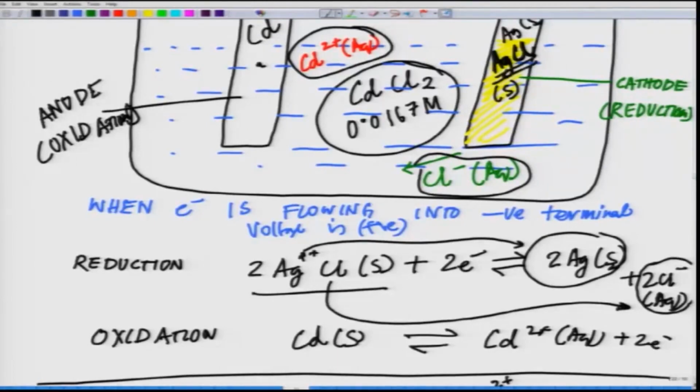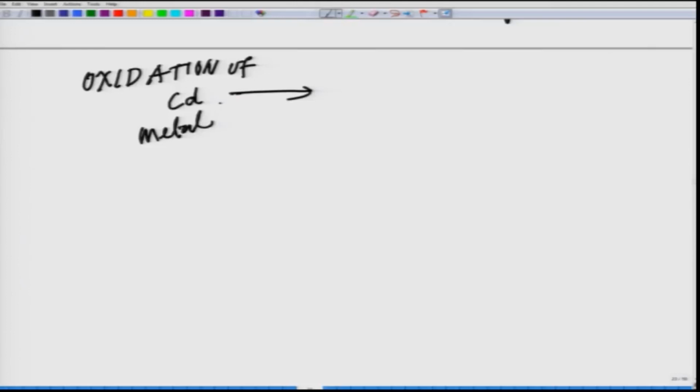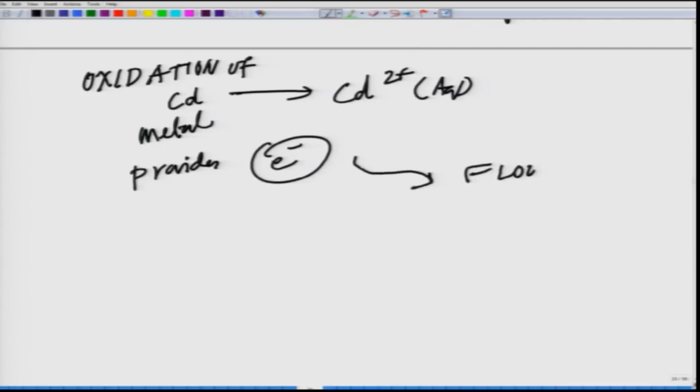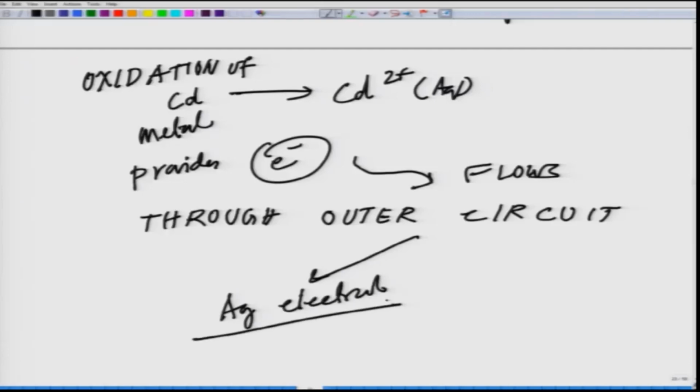So, if we summarize it out here, basically the oxidation of cadmium metal to Cd2 plus in aqueous solution provides electrons which flow through the outer circuit, okay, to the Ag electrode, or silver electrode, and on the silver electrode, at the silver surface, which is basically the AgCl.